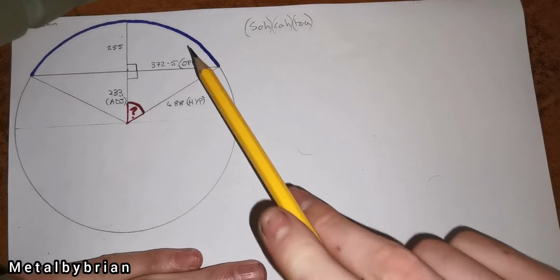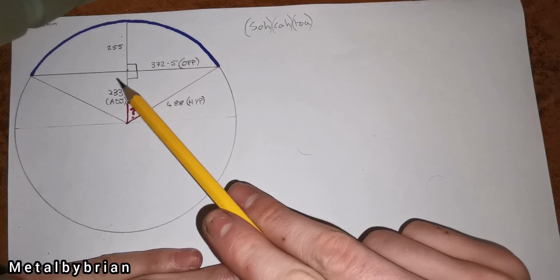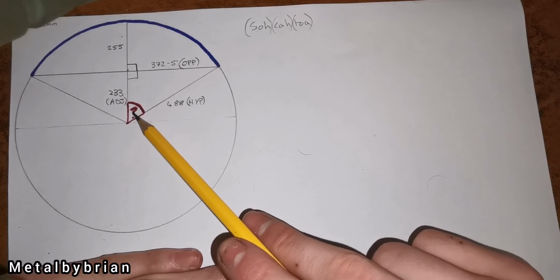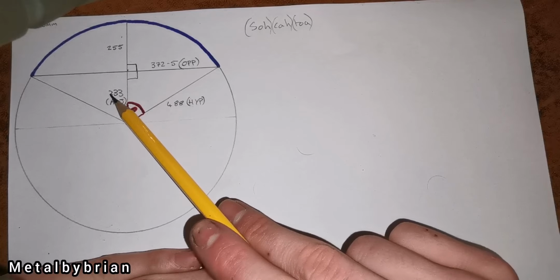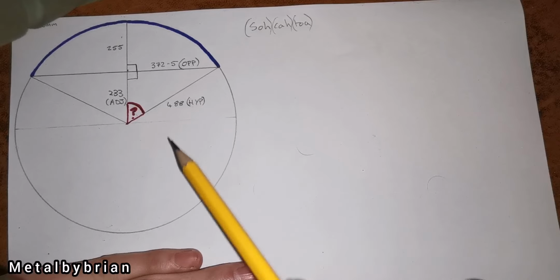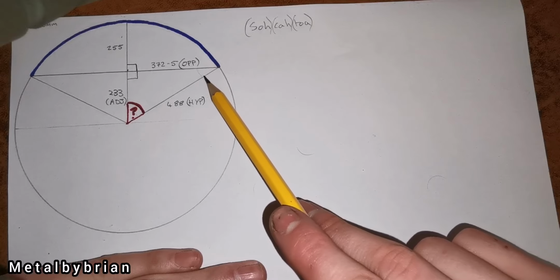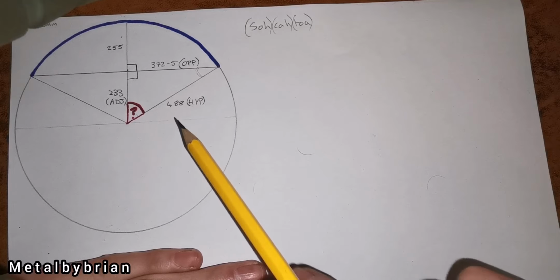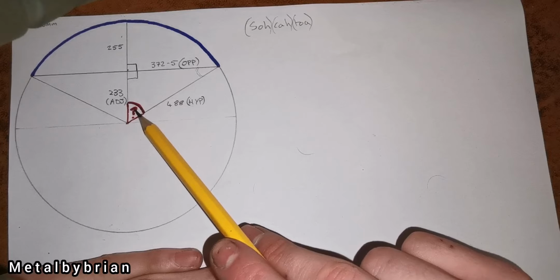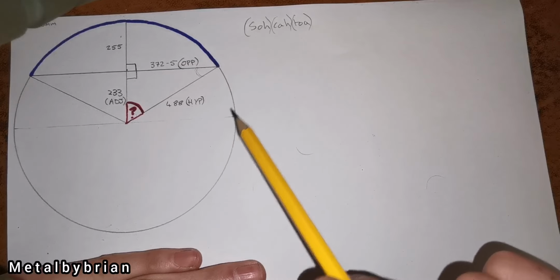The way we're going to work out this angle is we need to know at least 2 sides. So if we wanted to work out this angle, we'd have to know the adjacent and the hypotenuse. But if we want to know this angle here, we'd have to know the opposite and the hypotenuse. So we're going to be working out this one, so it's adjacent and hypotenuse.